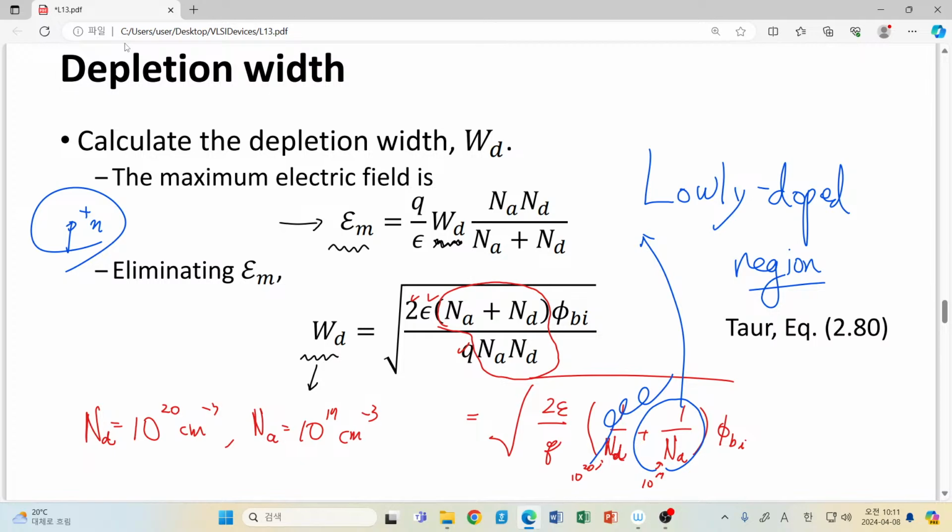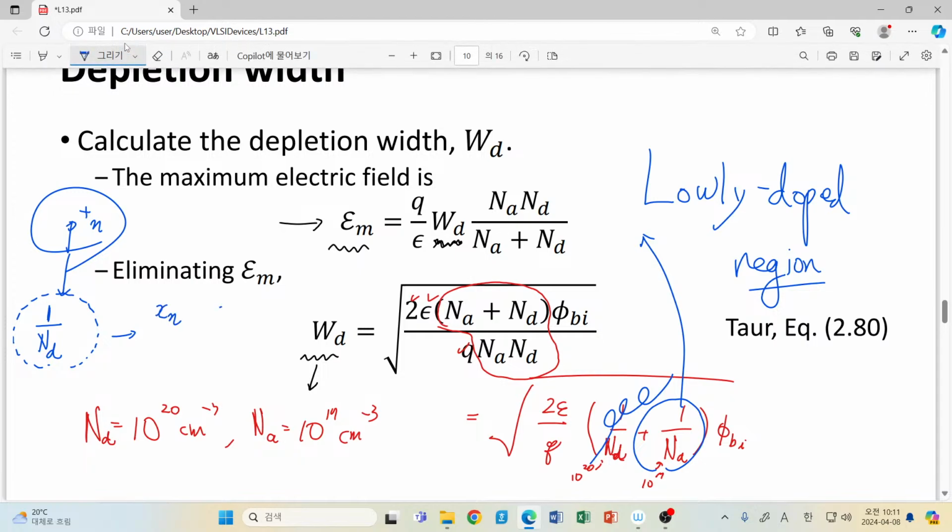So in the case of this P plus N junction, which one determines the depletion width? Actually, ND will make it. And when we compare XN and XP, which one will be longer and which one will be shorter?